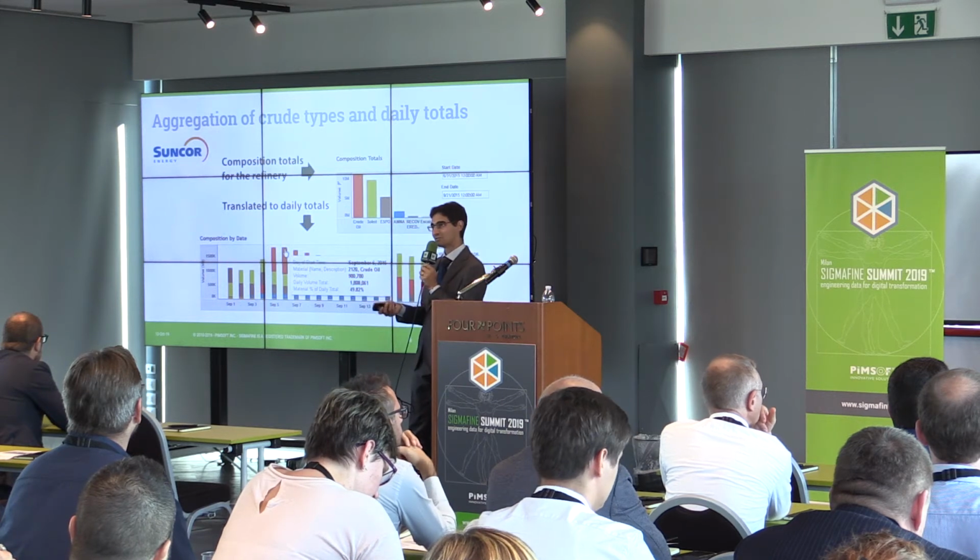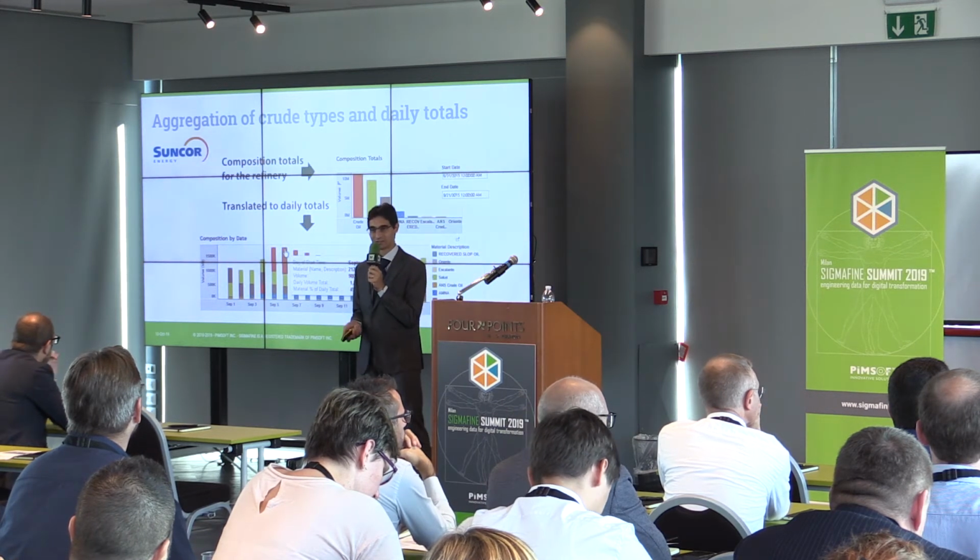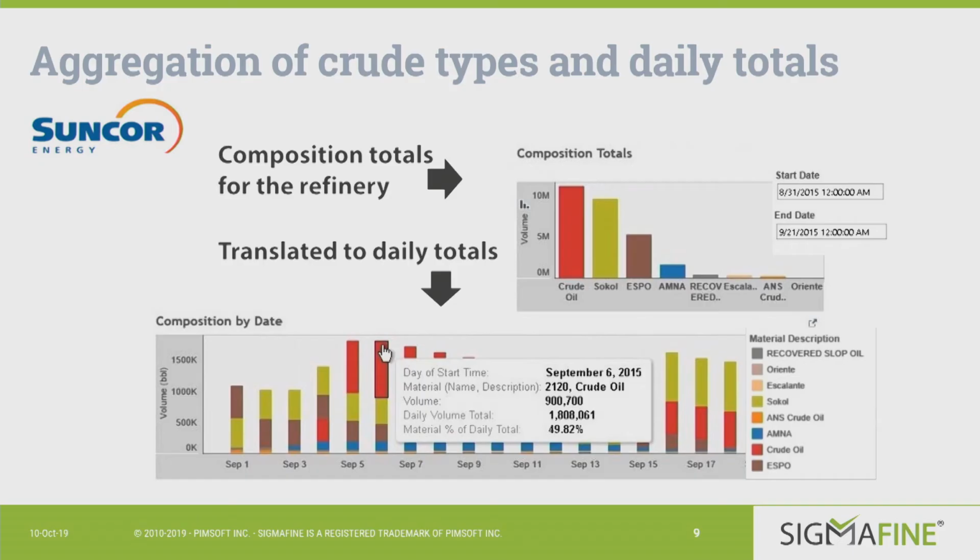Let's see how this can be used in the different industries now. So the first example is an implementation of a Canadian company. And here is the representation of the Sigmafine results in a dashboard. This has been done with Tableau. They are tracking their crudes daily, and they are aggregating the results in the dashboard by the daily totals.